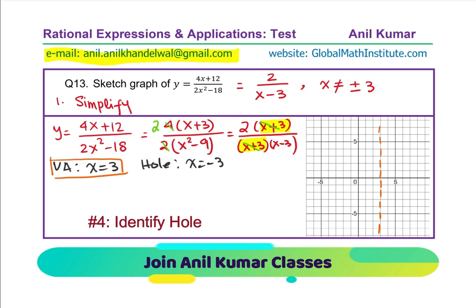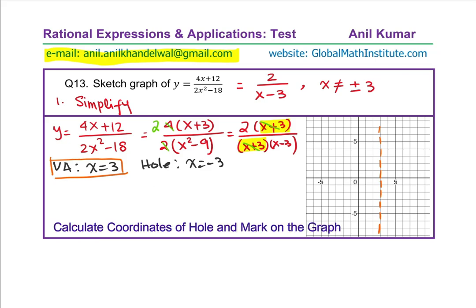So whenever you have a common factor in the numerator and denominator, that leads not to a vertical asymptote, but to a hole. There was a question related to that also. You get an idea. It kind of gives you an insight into the questions asked earlier. So it's a concept-based test for you. Very important to understand.